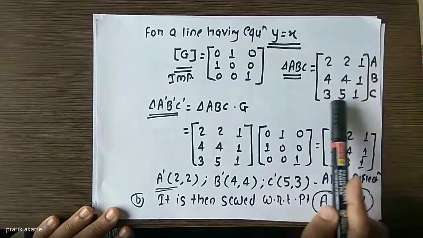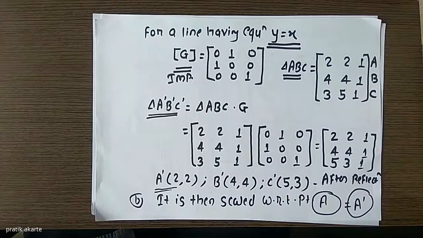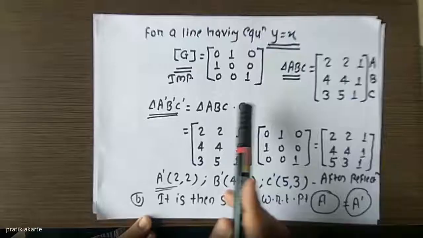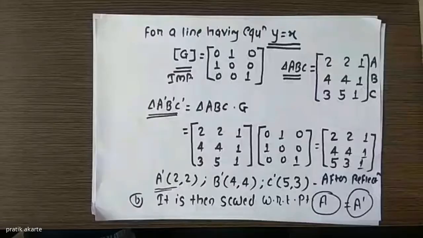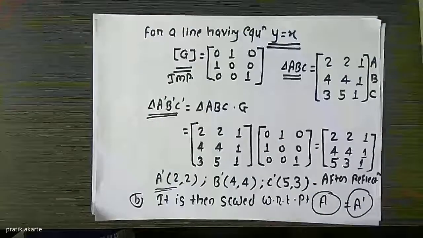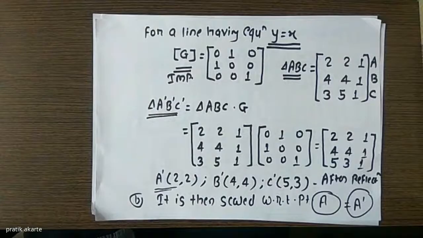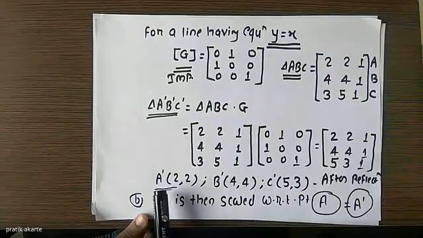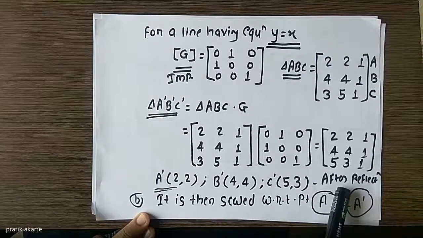This you need to remember. And we also write the vertices of the triangle in matrix form. After multiplying these two matrices, we will get the new position after reflection about the line y is equal to x. So the new coordinates are A dash, B dash, and C dash, which is after reflection.